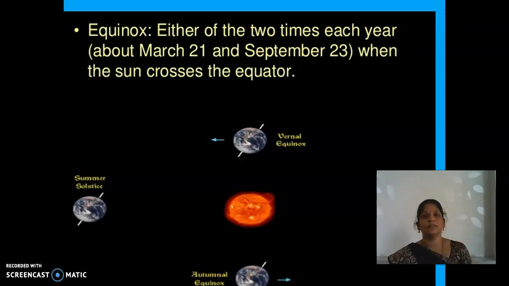That is called equinox. When does it happen? About March 21 and September 23, when the sun crosses the equator, to the northern hemisphere and to the southern hemisphere. Okay, children?